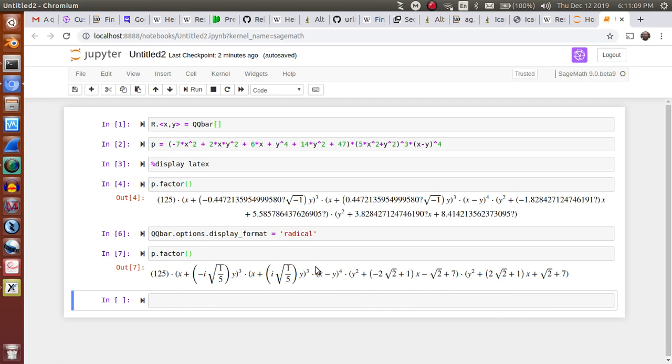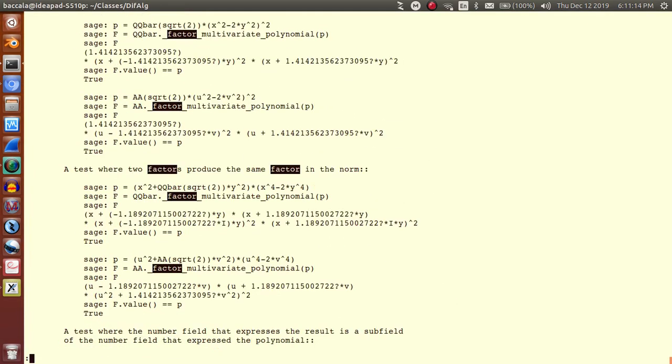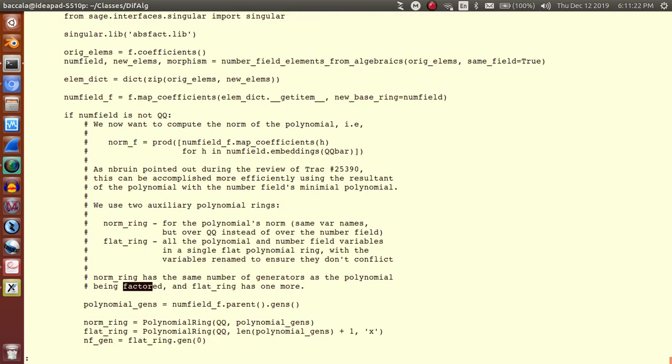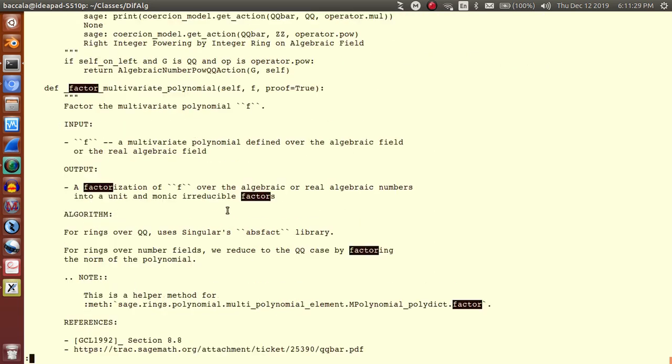Anyway, coming in just briefly, how is this implemented? This is the code where it's implemented, and this is the basic idea that I got from a textbook by Geddes. Did I cite that somewhere here? An algorithm.